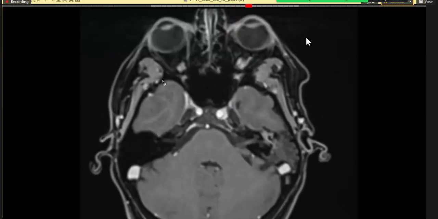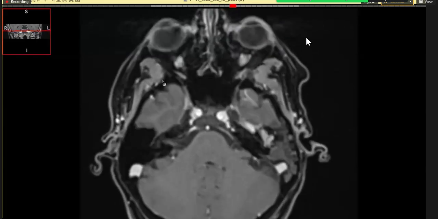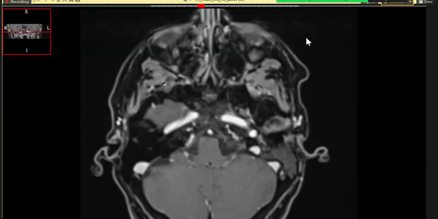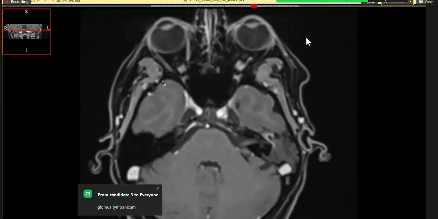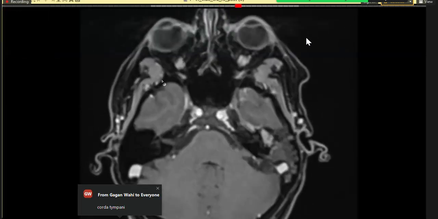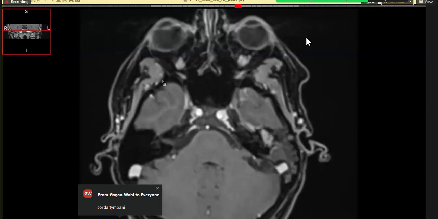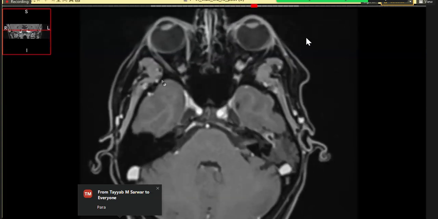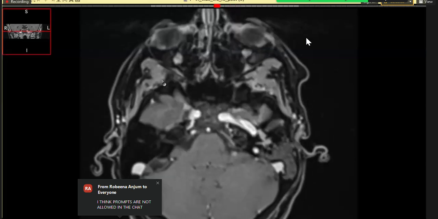But the cochlear nerve will also not be in the middle ear cavity. So yeah, this is the chorda tympani nerve. Madam, schwannomas do not behave like this, right?